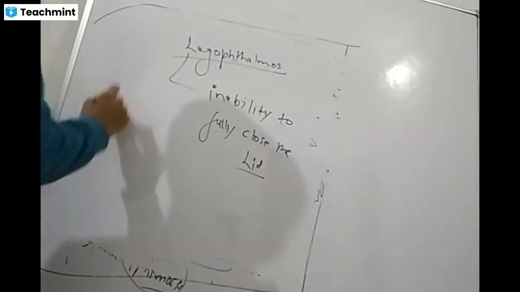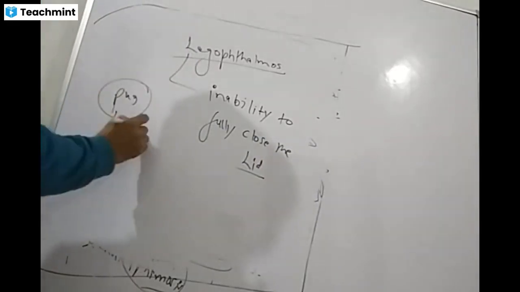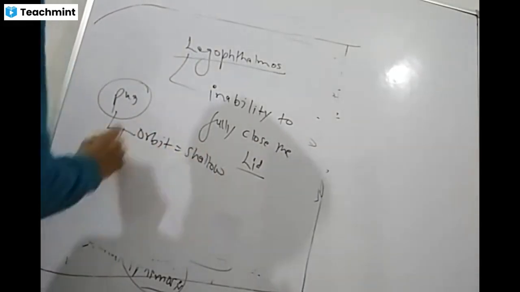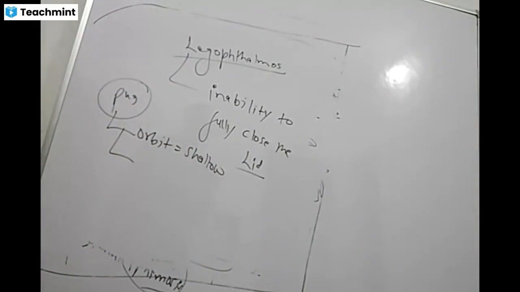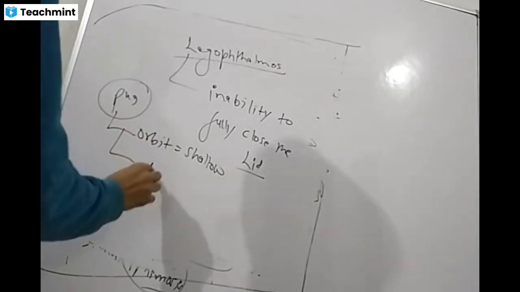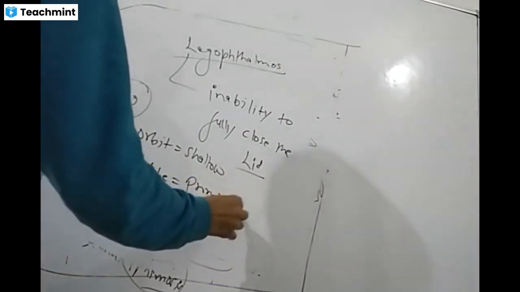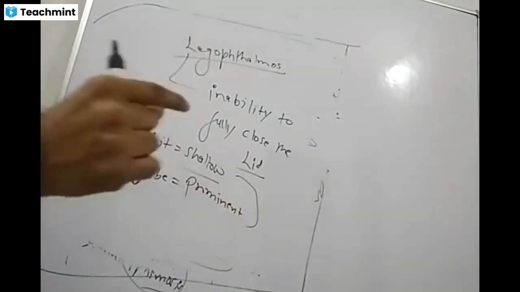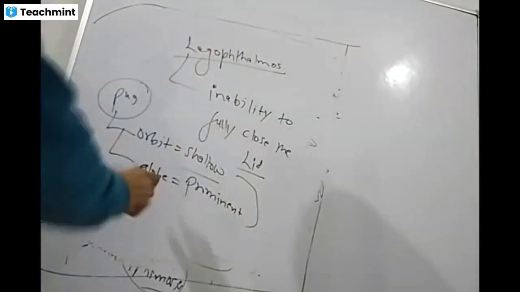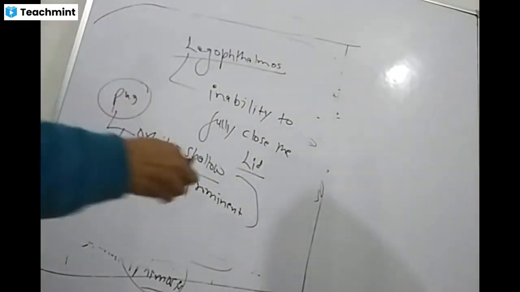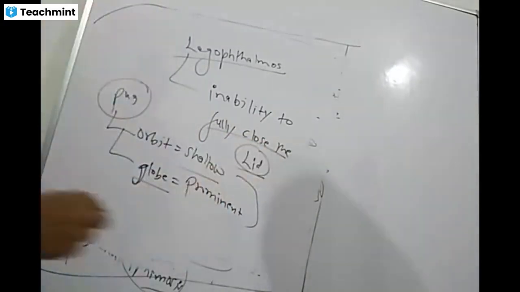If you remember, in case of pug, the orbit is shallow, but the globe, means eyeball, is prominent. If the orbit is shallow, not deep, and your globe is big in size, then you cannot fully close both your eyelids.